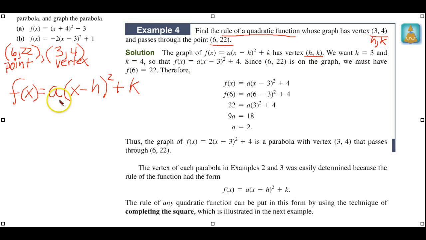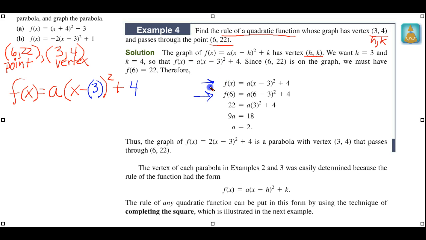So we go into our formula here, and we're going to erase the h, and we're going to erase the k, and we're going to substitute the 3 here and substitute the 4 there. And of course they have this here as well. Now we then get this is what they have right here.